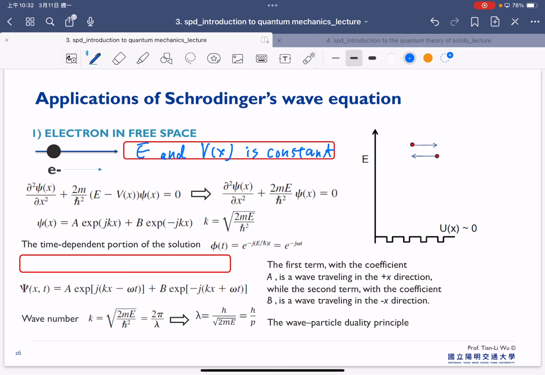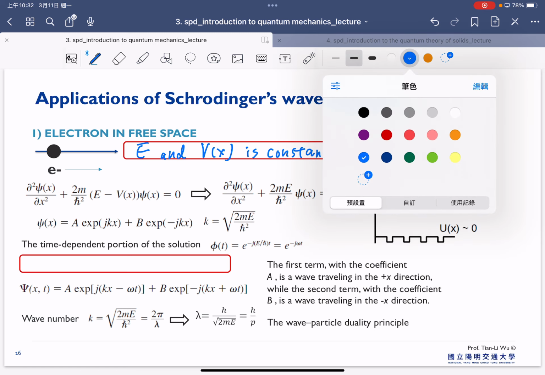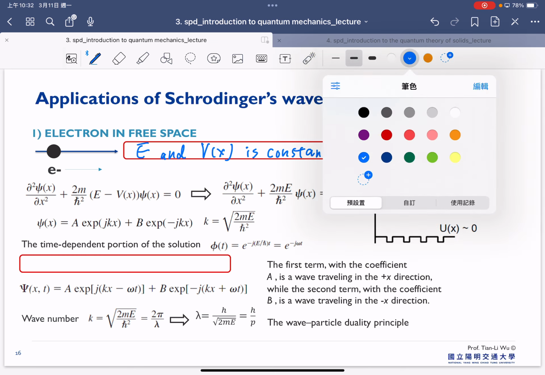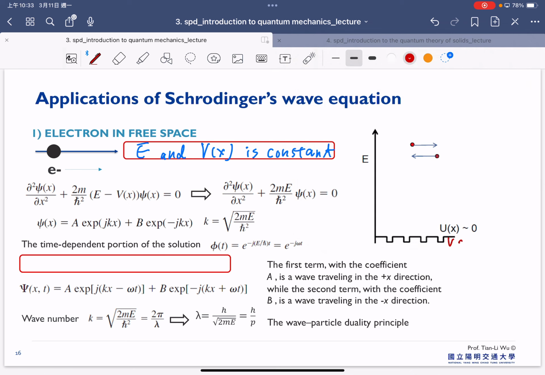So this one showing here, because this is free space, Ux is equal to 0, and the Us here means the V here. So that means the previous very complicated equation can be simplified.